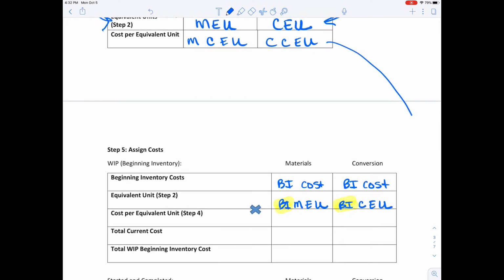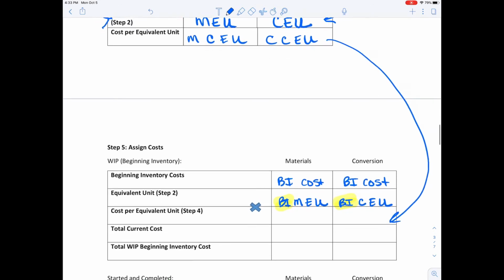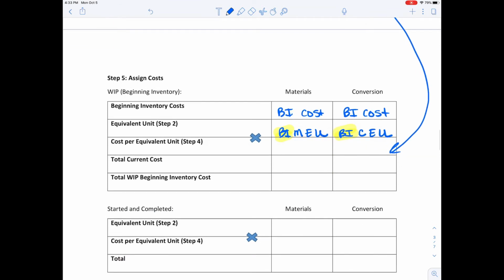Then we're going to bring down that cost per equivalent unit that we just did, and we're going to multiply that out to get just the piece of the current costs incurred from our beginning inventory.